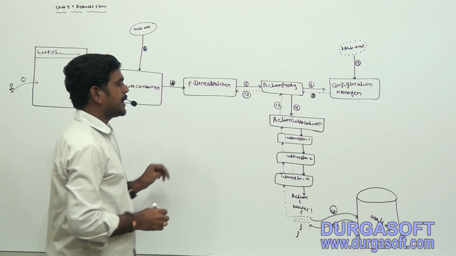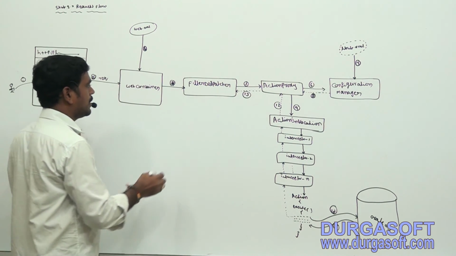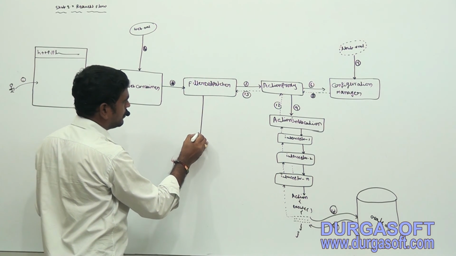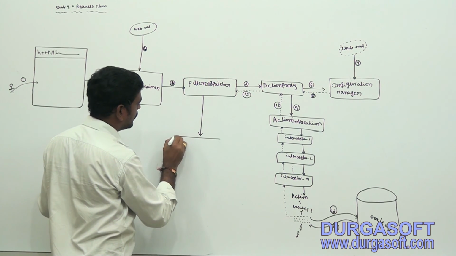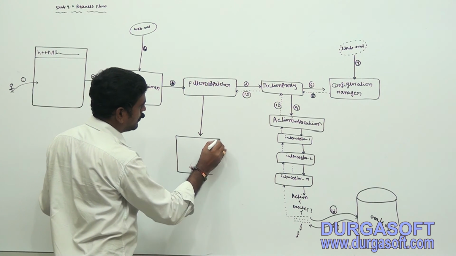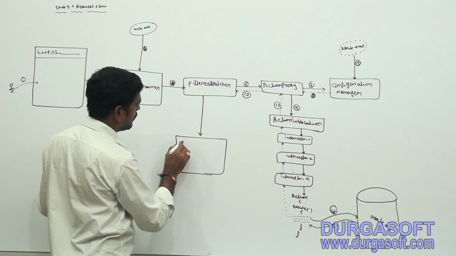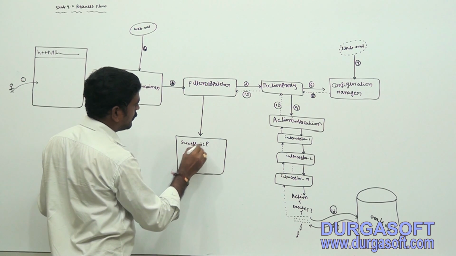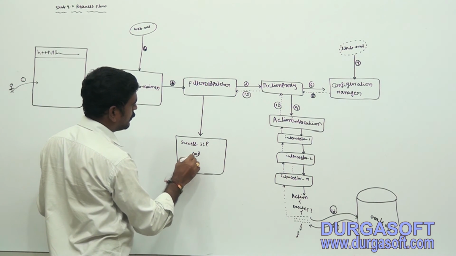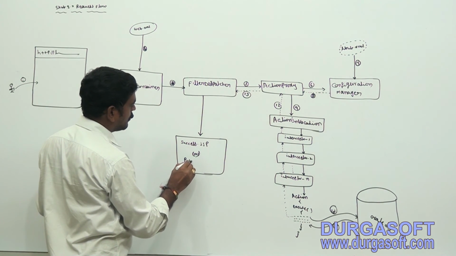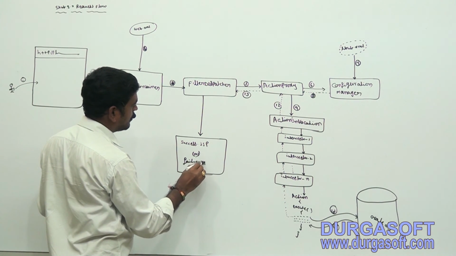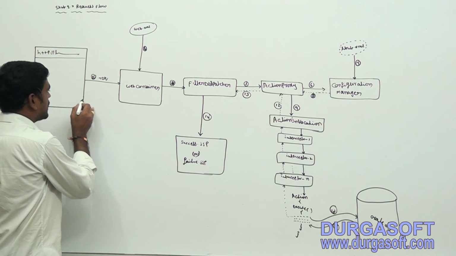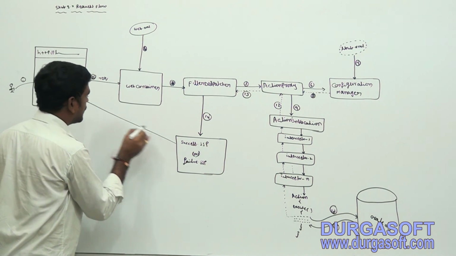Now this filter dispatcher produces the actual output. Then finally this page is produced back to the browser.